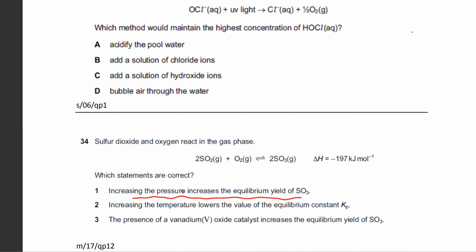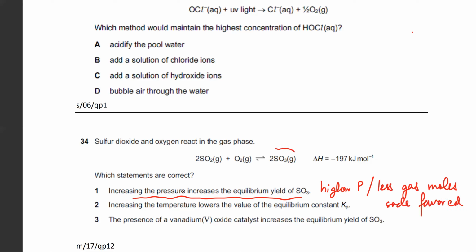So higher pressure, what's the rule? The rule is whenever you increase pressure, the side with fewer gas moles is going to be favored. When you increase pressure, you're compressing, so fewer gas moles are going to be produced.